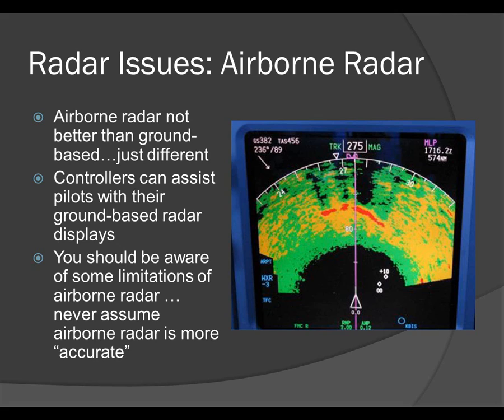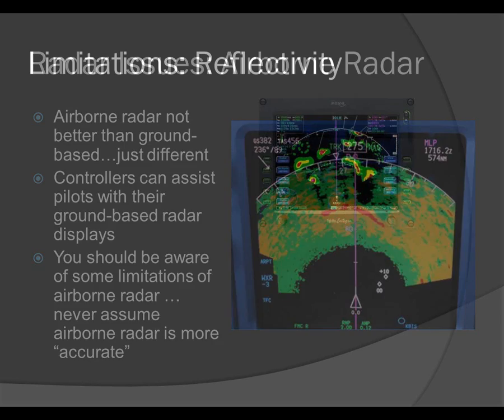Now, airborne radar acts more like a single site ground radar, but there are some differences. It's not necessarily better than ground-based, it's just different. Controllers can assist pilots with their ground-based radar displays, so you should be aware of some limitations of airborne radar. Never assume that airborne radar is more accurate.